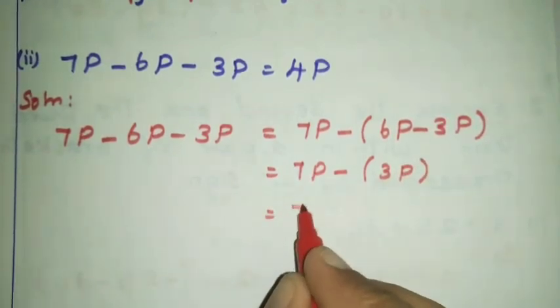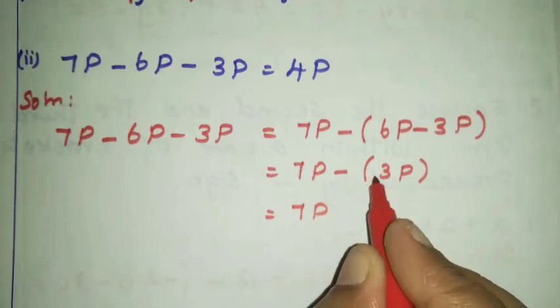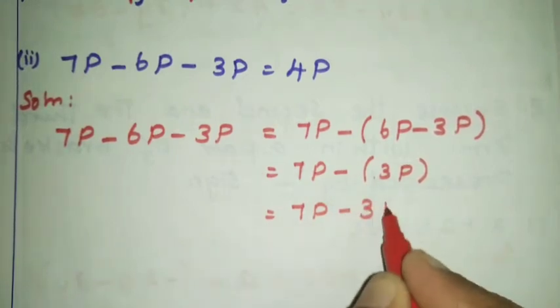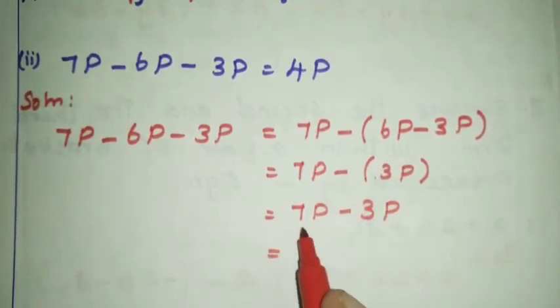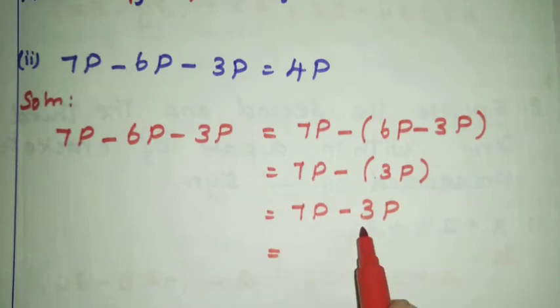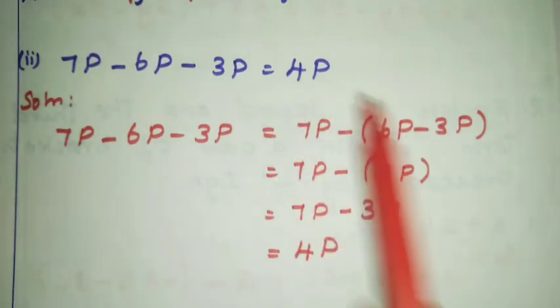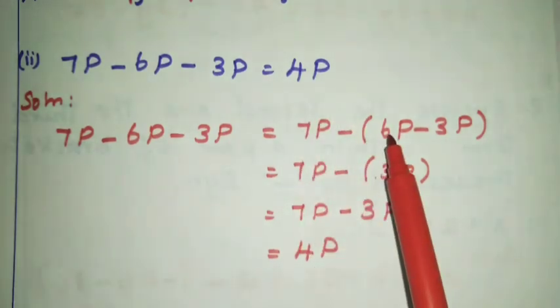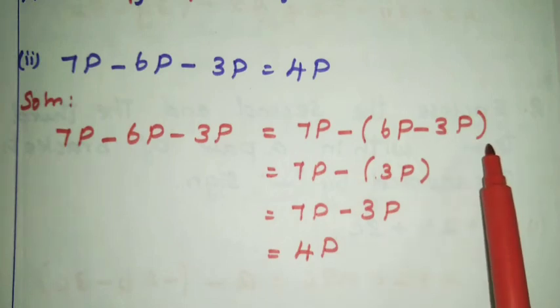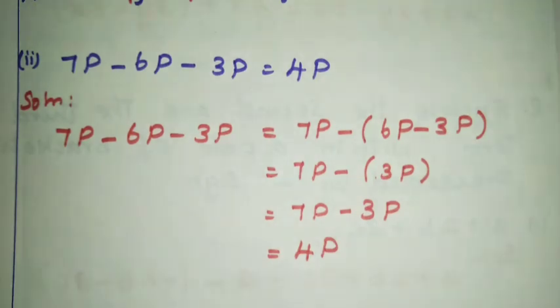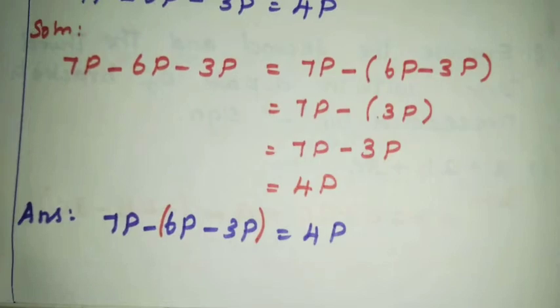Next remove the brackets. 7p minus into plus is minus 3p, which is equal to, here plus 7 minus 3, that is 4p. So we get the RHS 4p. So here enclose the second and third term is the correct answer. Here comes the answer.